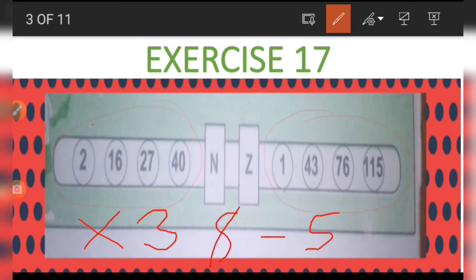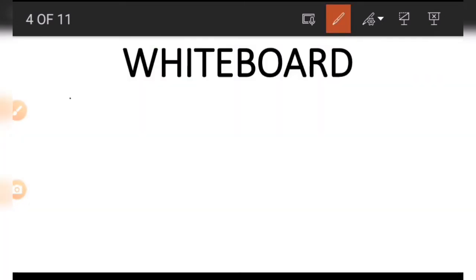Alright, now let's look at the first number. The first number is 2. So how can we get a 1 from 2? Let's make use of these two imaginary numbers. We start by multiplying the 2 by 3.